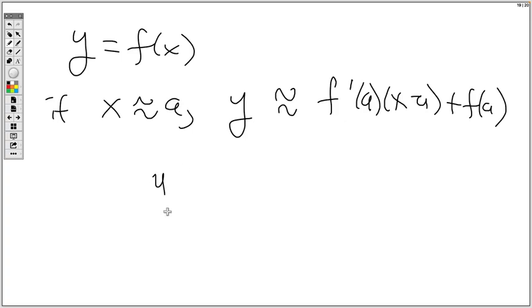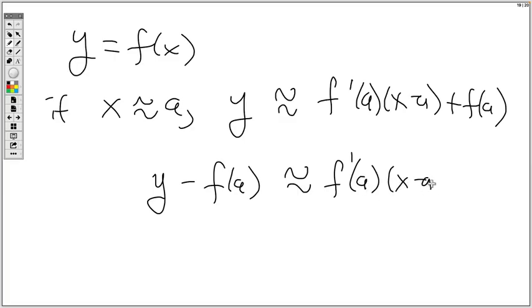Or in other words, y minus f of a would approximately be f prime of a times (x minus a). Is everyone cool with the algebra there?